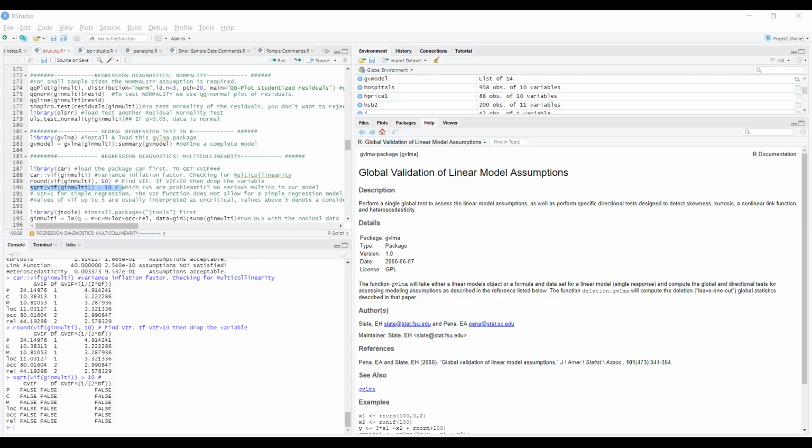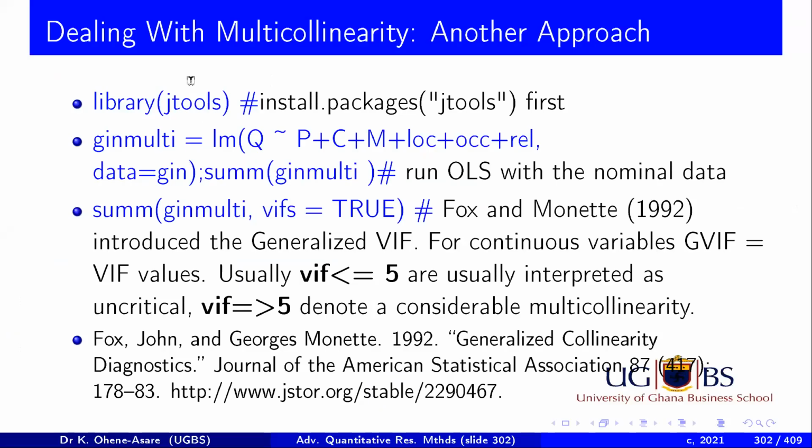Now there's another way to determine this, and I want to mention that. Dealing with the multicollinearity, how do you deal with it if you found it? Now, this command, the library jtools command, is an important command we've already spoken about. You can run that command on this data and show your results, and then you can use this command, sum, okay?